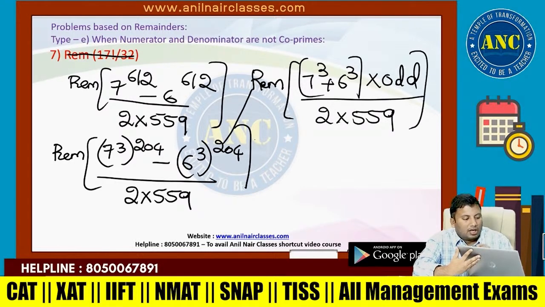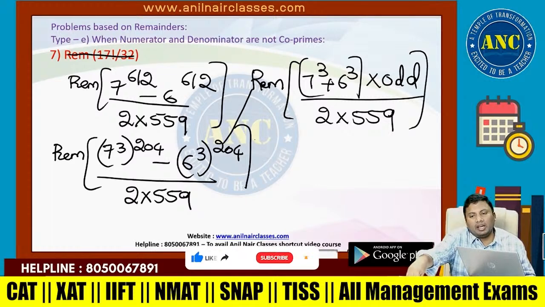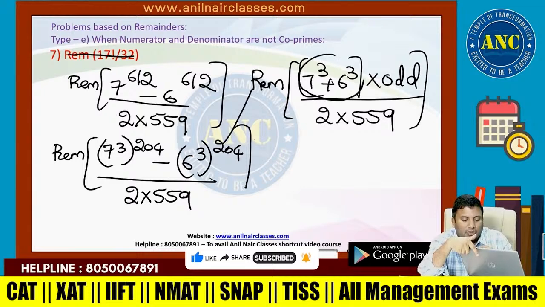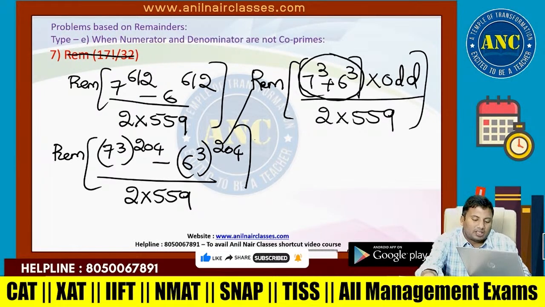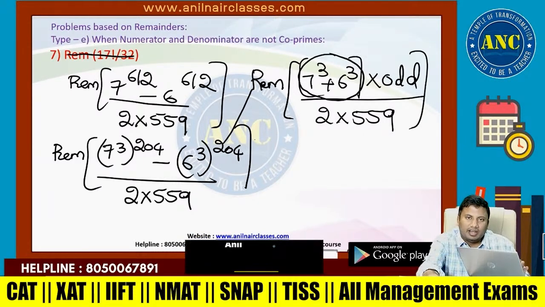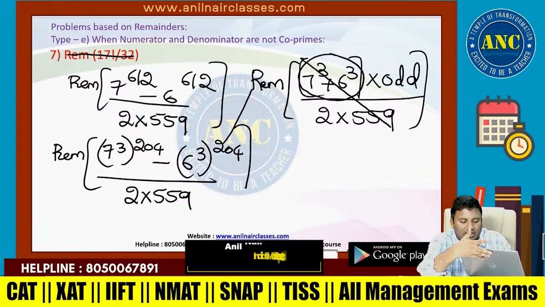A power n minus b power n is always divisible by a plus b. A plus b is 7 cube plus 6 cube. Odd minus even is odd. Odd plus even is odd. Odd into odd is an odd number. These cancelled.